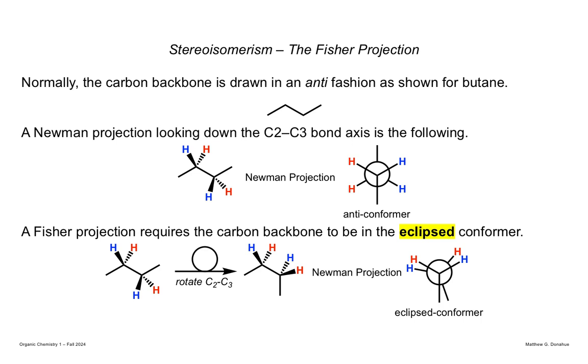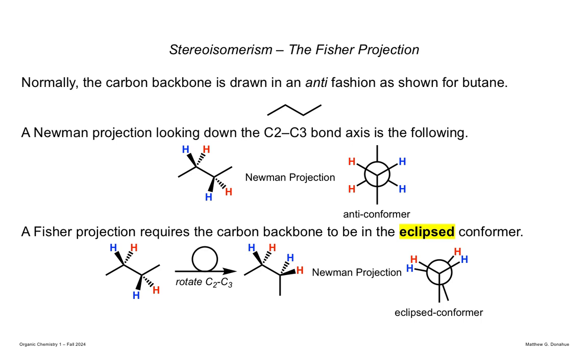So here's the drawings in this plane. Your eye is 90 degrees to the plane. When they do a Newman projection, where it says anti-conformer, all we're doing is just rotating that way. And you can see the red hydrogens are on the left, the blue hydrogens are on the right.